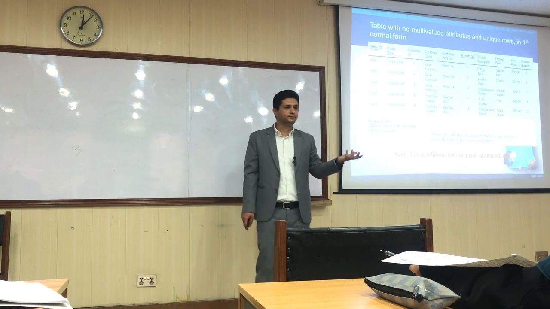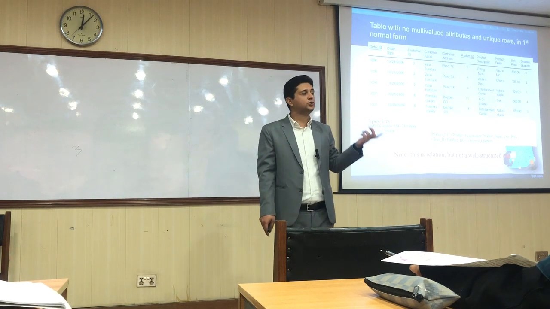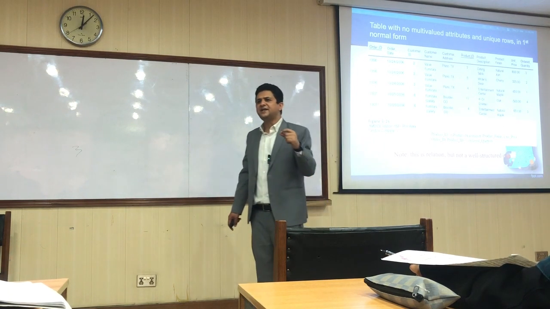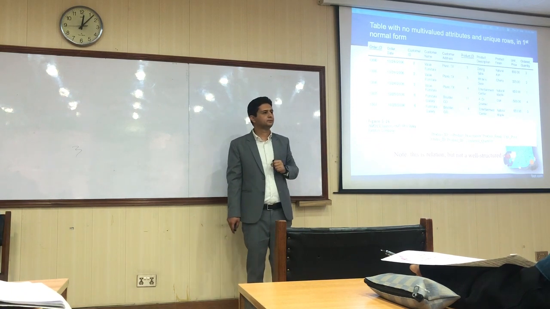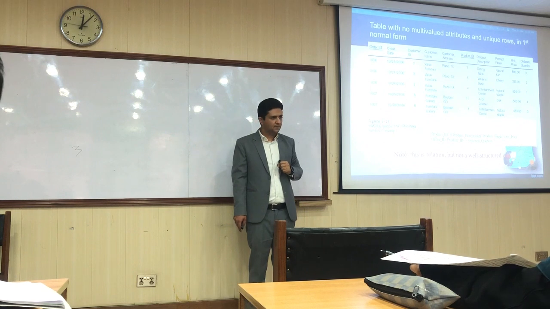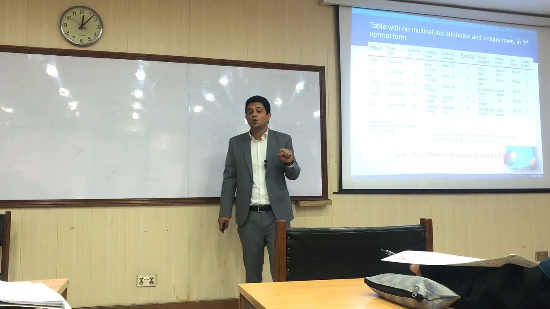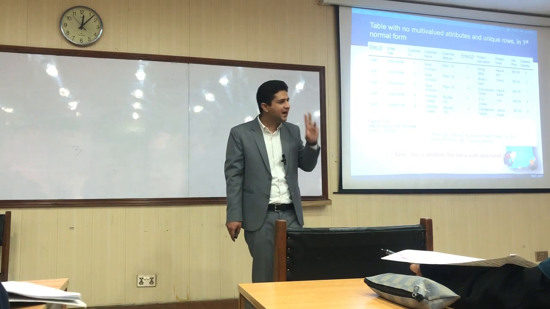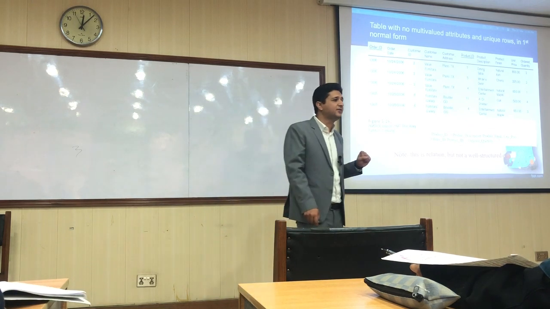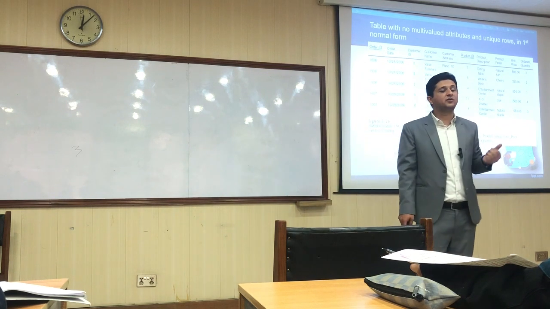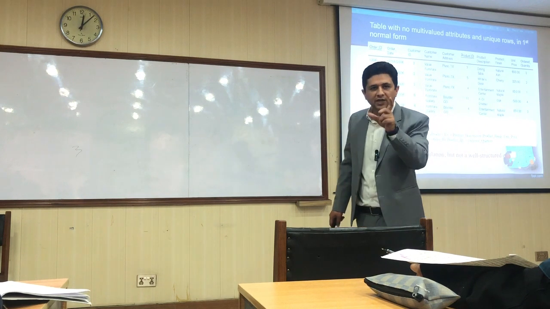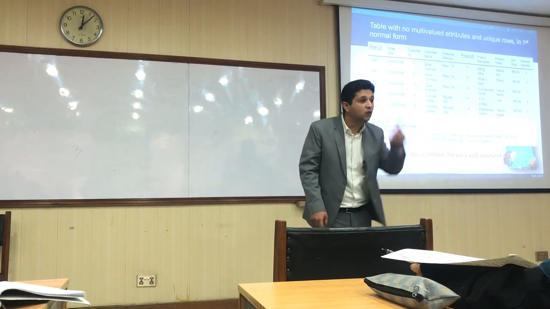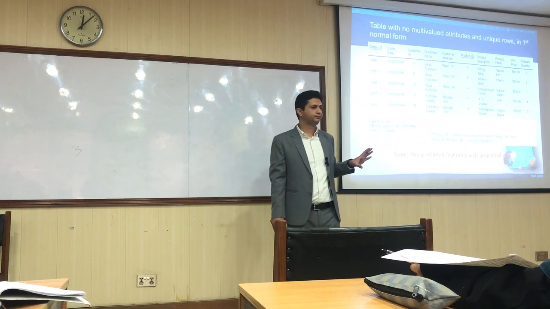But for example, there are some attributes whose values can be determined just by using a part of the primary key. Okay, for example, there is existence of some attributes whose values can be uniquely identified with the help of just a part of the composite primary key. It would mean that those attributes are not fully functionally dependent.